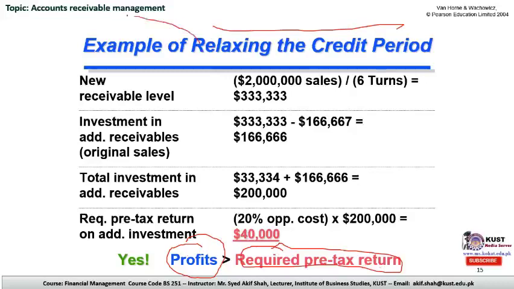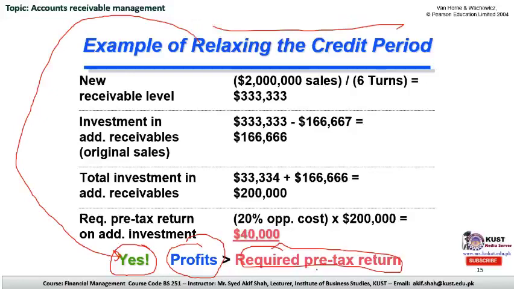Therefore, the final decision for the company will be to relax the credit period to the prospective credit customers, because the profitability is greater than the cost or required pre-tax return. The decision will be yes, to go with relaxing the credit period to the prospective credit customers, because it is actually enhancing the company's overall profitability.